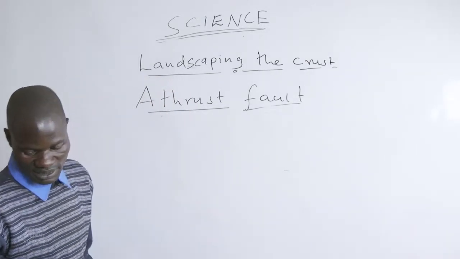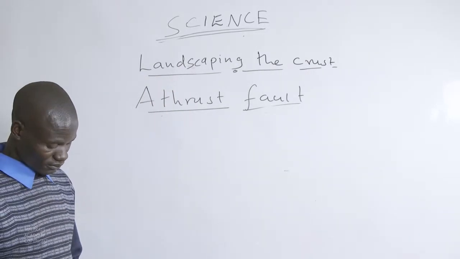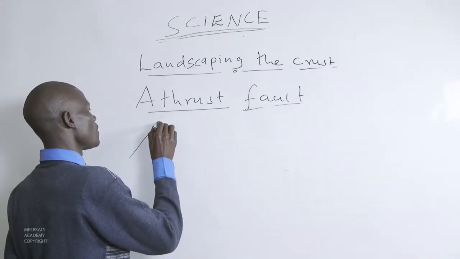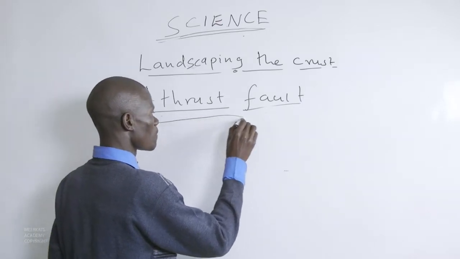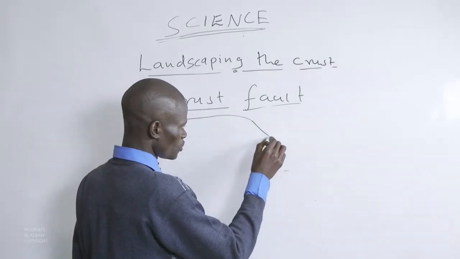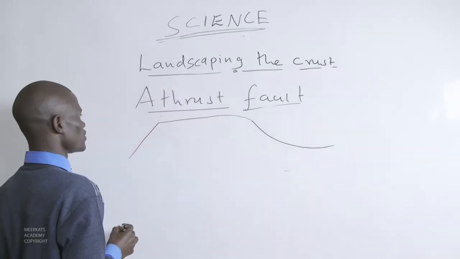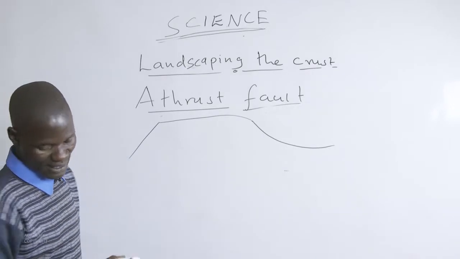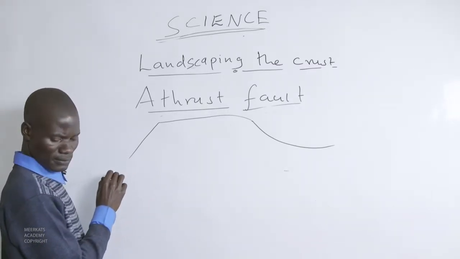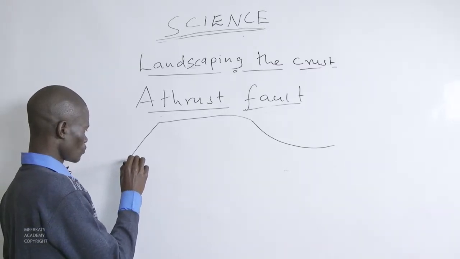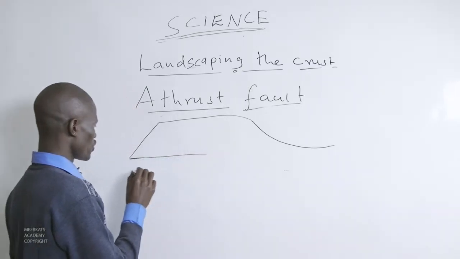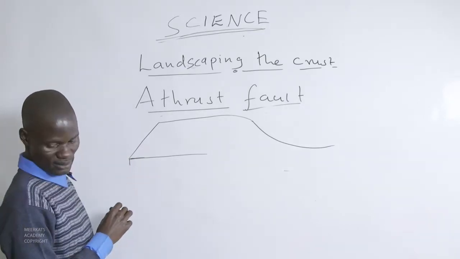It is almost similar to what we call transcurrent, but it causes a block of land to go nearly to the horizontal plane.